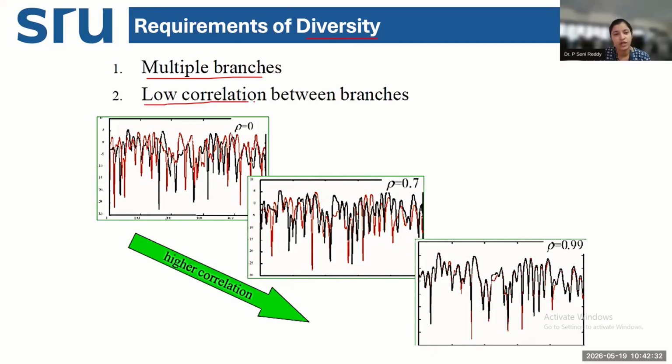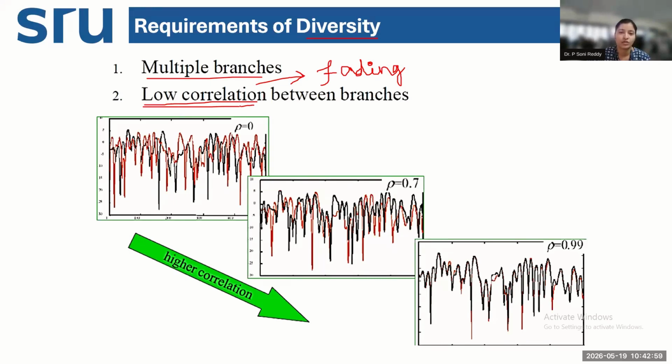Each of the channels should have low correlation, that is, they should be uncorrelated or independent copies of the same signal. Independent copies means every signal will experience a different amount of fading, so the effect of multipath propagation will be different for each signal, and they will not be similar.